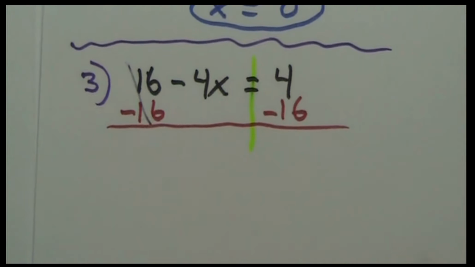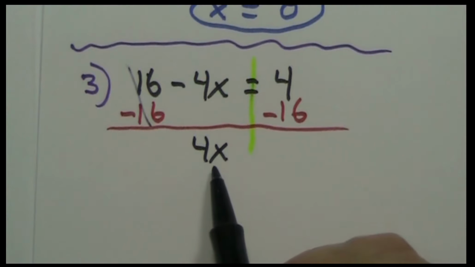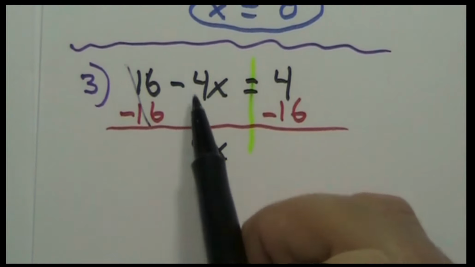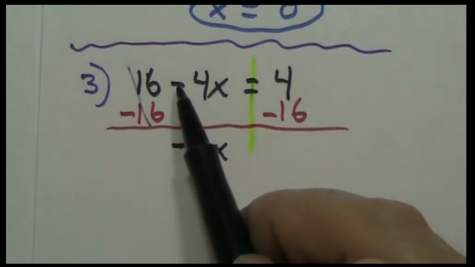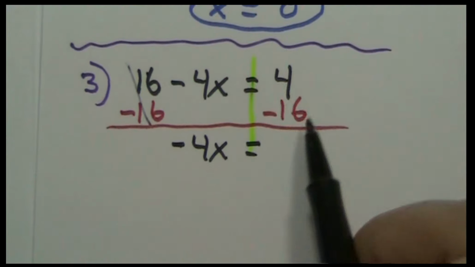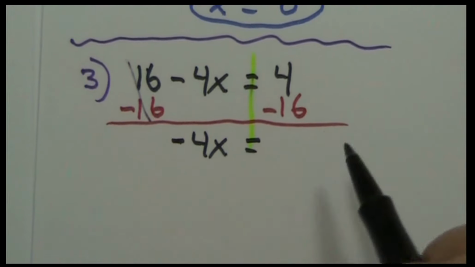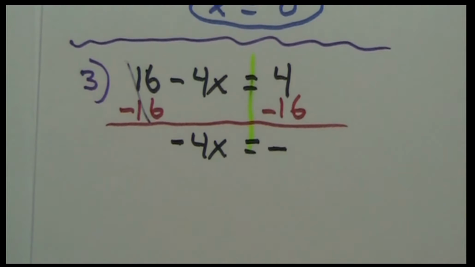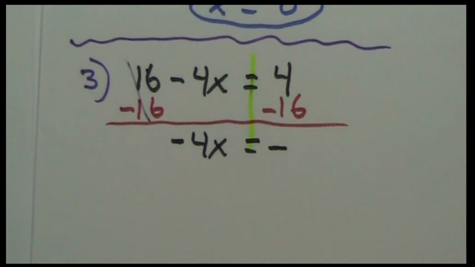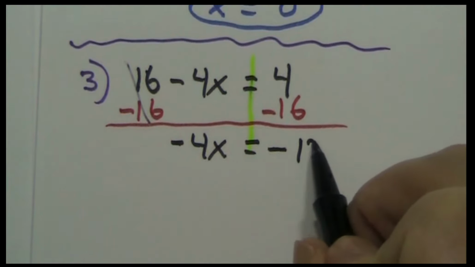I don't have just 4x left over, I have negative 4x. Minus 4x is the same as negative 4x, same result. So that's a little tricky. 4 and negative 16. So on your tongue, there would be more negatives, more cool. And how much more? 12.